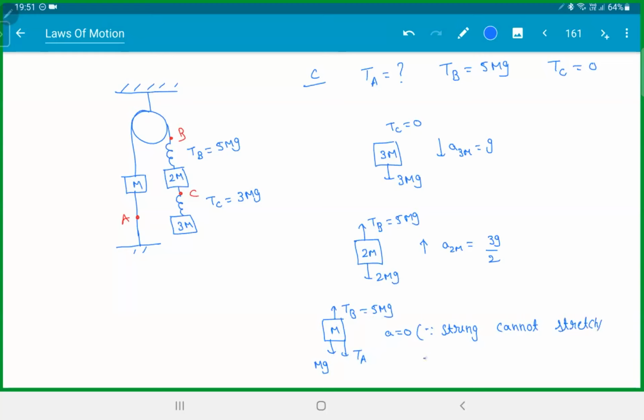So whatever additional balance force you have, the TA will balance here. You cannot find the value of A initially without doing the calculations. If you have done that, luckily you'll get the answer, but that's not the right way to do. The answer would be 0, 3g by 2, and g down. Please check the steps.